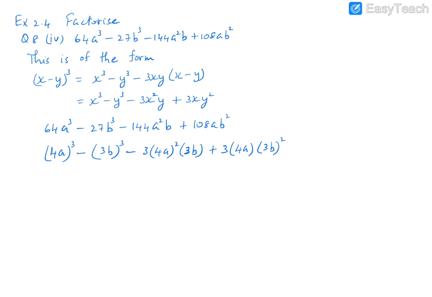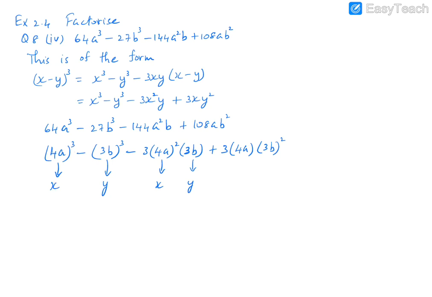So we now have our expression as x cube minus y cube minus 3x square y plus 3x y square. So in place of x we have 4a, so the 4a corresponds to x, the 3b corresponds to y. So again here the 4a corresponds to x, the 3b corresponds to y.